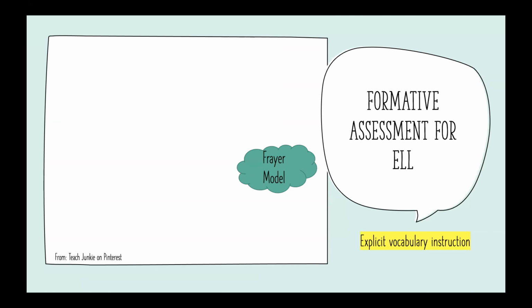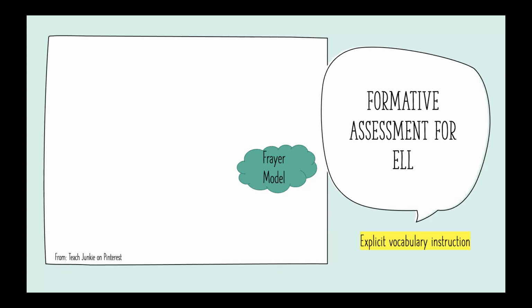So teachers sometimes assume English language learners will take in those vocabulary or language skills automatically. However, according to second language acquisition principles, students do need explicit vocabulary instruction or language structure instruction.